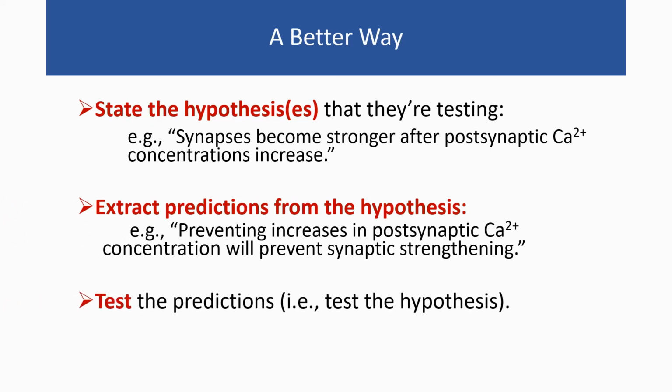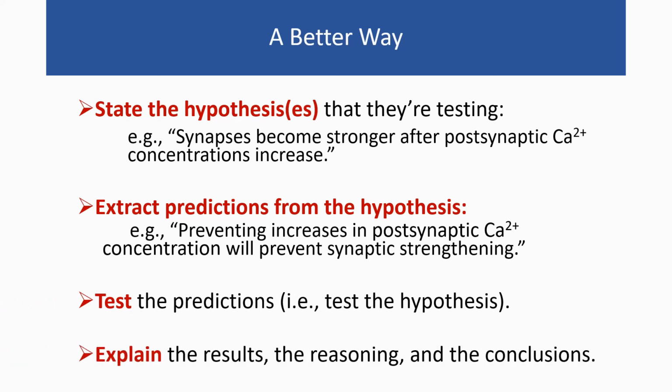They can then test these predictions experimentally, that is, test the hypothesis, and finally they can explain their results, their reasoning, and the conclusions they arrive at. This method avoids the confusion that can be caused by the use of incorrect terms and makes for clear and precise communication, which is one of the major goals of science.